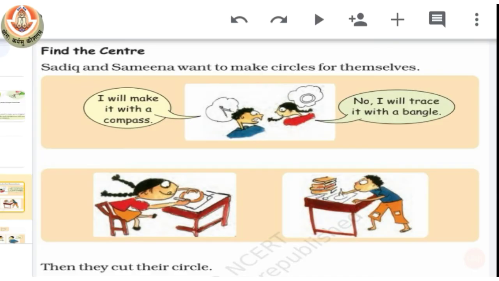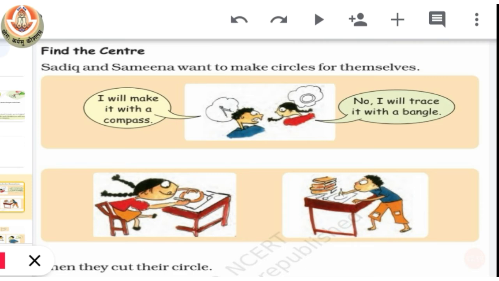After learning designing, let's see the problem between Sadik and Samina. We learned in our previous class that one of them used a compass and one used a bangle to make a circle.